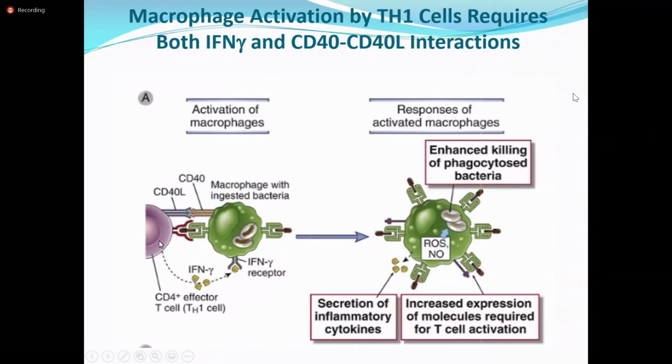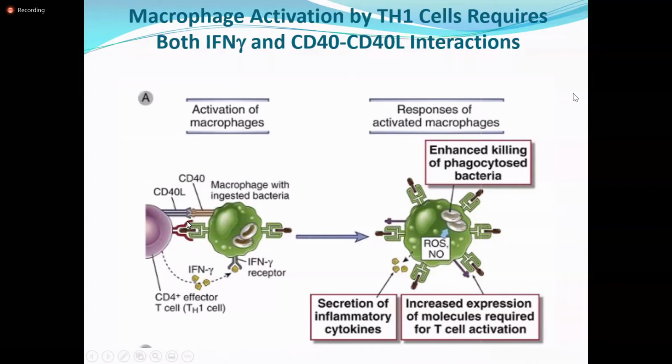As I said, the cytokine interferon gamma produced by the CD4 cell induces the macrophage to upregulate its lysosomal killing enzymes, but this upregulation also requires the engagement of CD40 by CD40 ligand from the T cell.